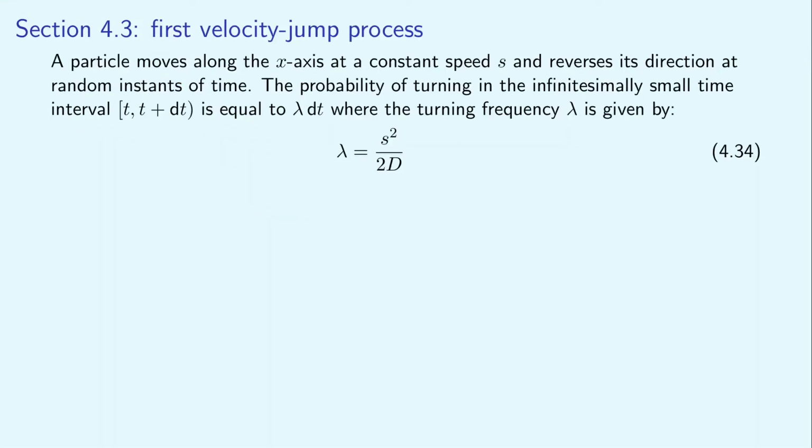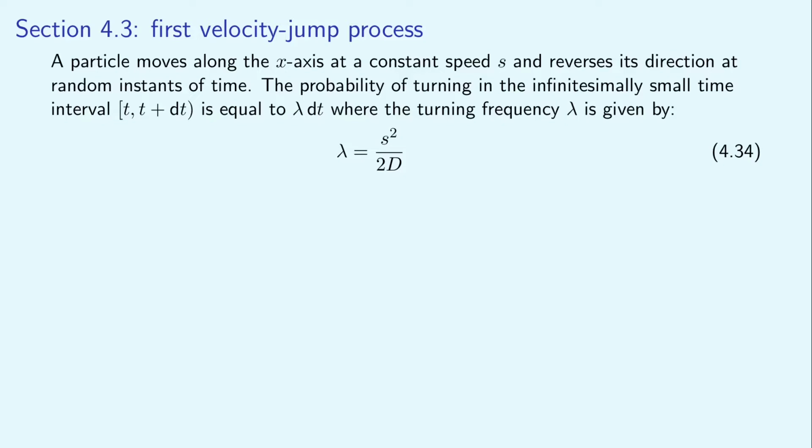Our illustrative example describes diffusion in one spatial dimension. Therefore, without loss of generality, we will also introduce velocity jump processes in one spatial dimension. The diffusing particle will move along the real axis.